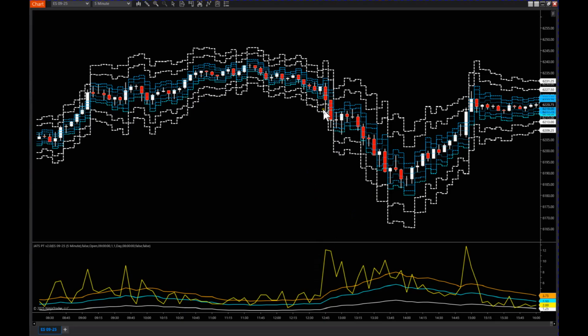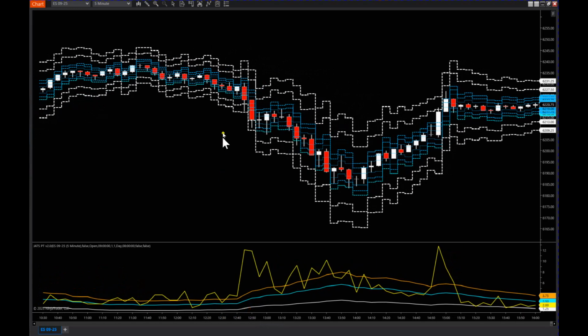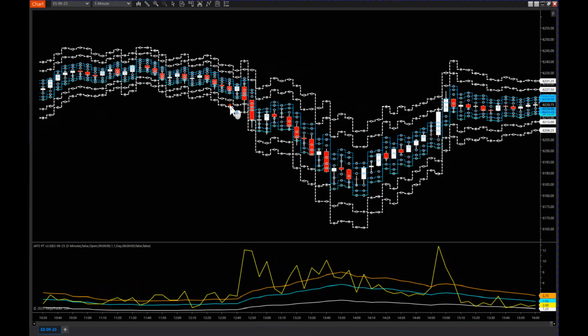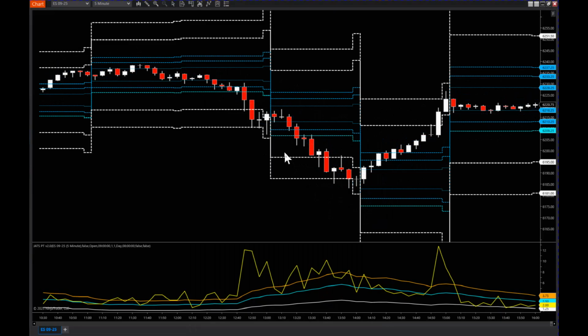And this is where you can trade to a higher time frame. You can either trade to the 5 minute 1.5 or 2, or you can trade to a 60 minute time frame. So you can put this on a 60 minute and trade a 5 minute bar to the 60 minute. So when you get a 5 minute breakout, you can look for those 60 minute targets. Does that make sense?